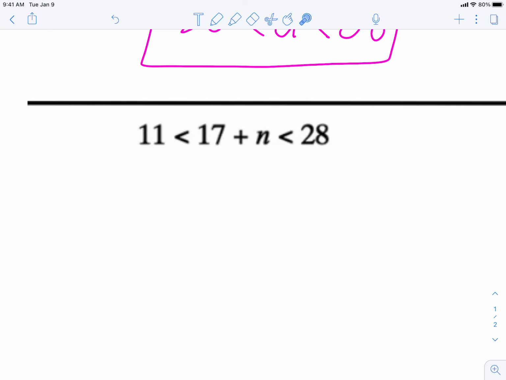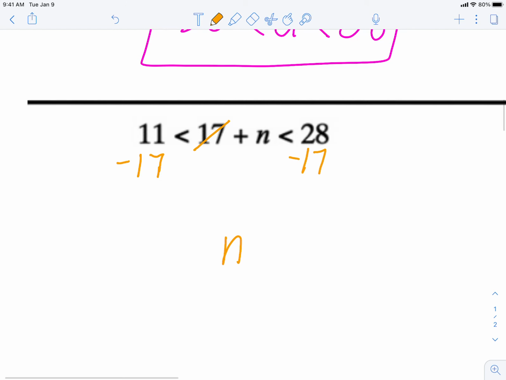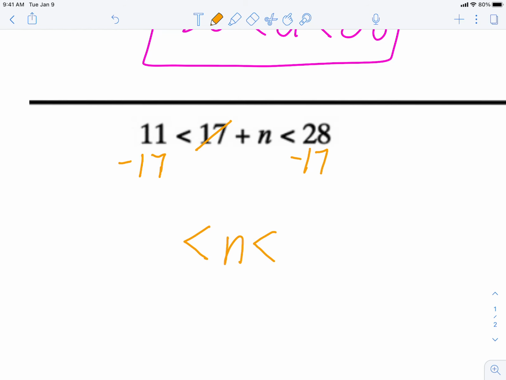We're going to move 17. Let's move this guy. This is a positive 17, so I'm going to move it over as negative 17. But I can't make this 28 jealous. I've got to give him minus 17 too. Look what comes down by itself: n. I did not divide by a negative or a positive, so this arrow comes down and this arrow comes down.